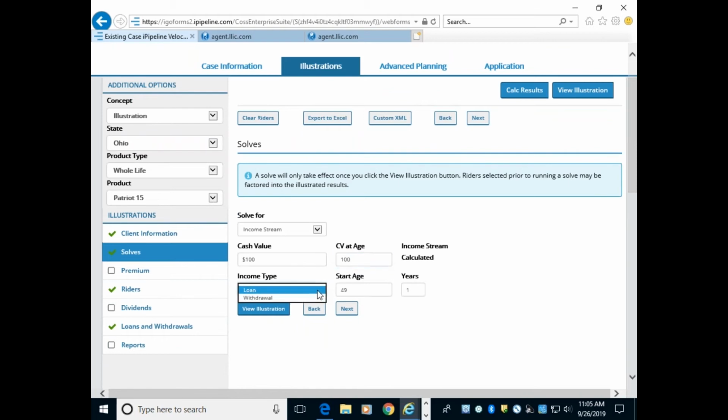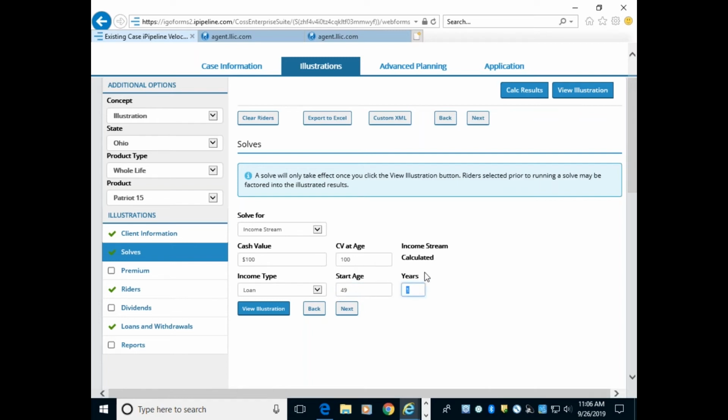The next item will ask what income type you would like. So here is where you would select from loan or withdrawal. I'm going to select a loan, and the next box is asking what age you want that loan to start. If I want my client to see their first payment on the illustration at age 50, I'm going to go back in age and start this at age 49 so that their payout will show up at age 50 on the illustration.